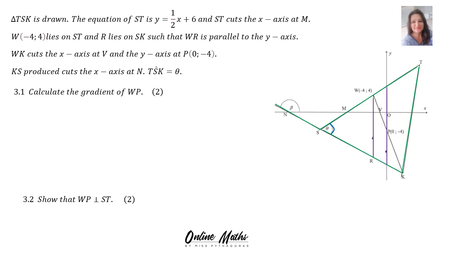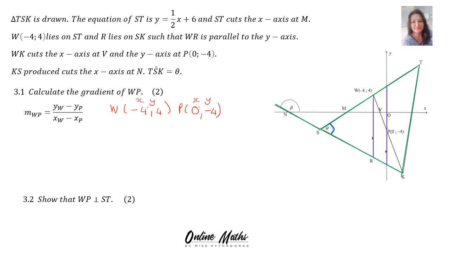3.1. Calculate the gradient of WP. So we find WP there, and we are going to use the gradient formula. On W, we have the point (-4; 4), and on P, we have the point (0; -4), consisting of an x and a y, x and a y.